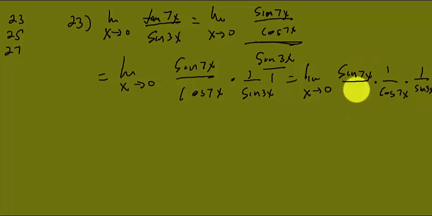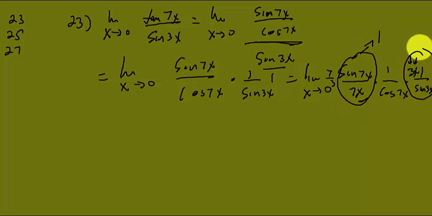If I want to use my theorem, I need 7x here. If I want to use my theorem, I need a 3x here. Of course, this x and this x cancel each other out, but I can't do anything about the 3 and the 7, so I have to adjust for that. So I'm going to put 7 over 3 out in the front. If I adjust it for my 7x and 3x, according to the theorem, that's going to go to 1.